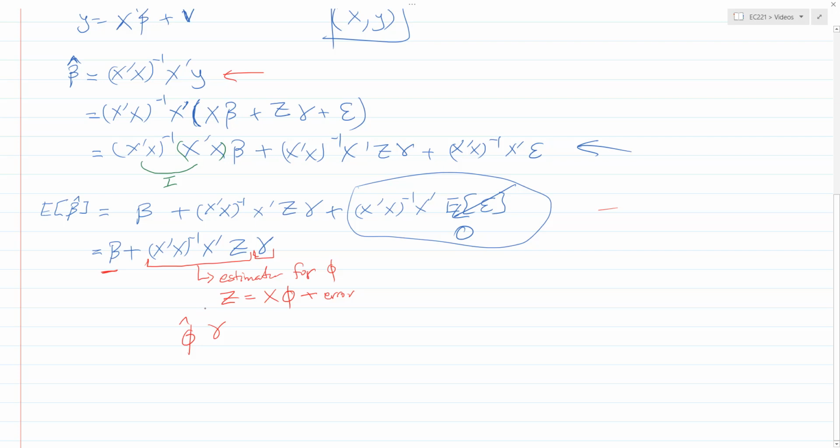That is, if x increased z by phi hat, and then z increased y by gamma, then you get this indirect effect of x, because x is increasing z by phi, and then z is increasing y by gamma.